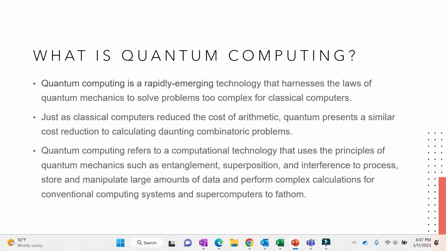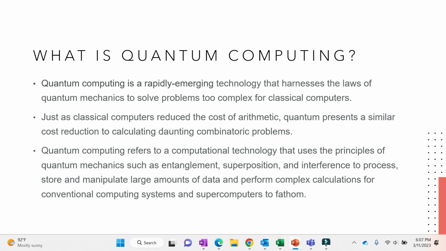Now, what is quantum computing? We looked at why it came into the picture and what kind of problems gave rise to it. Simply defined, it's a very rapidly emerging technology. It's not at a very developed stage; it is still evolving, and it uses the laws of quantum mechanics to solve complicated problems which are difficult for classical computers.